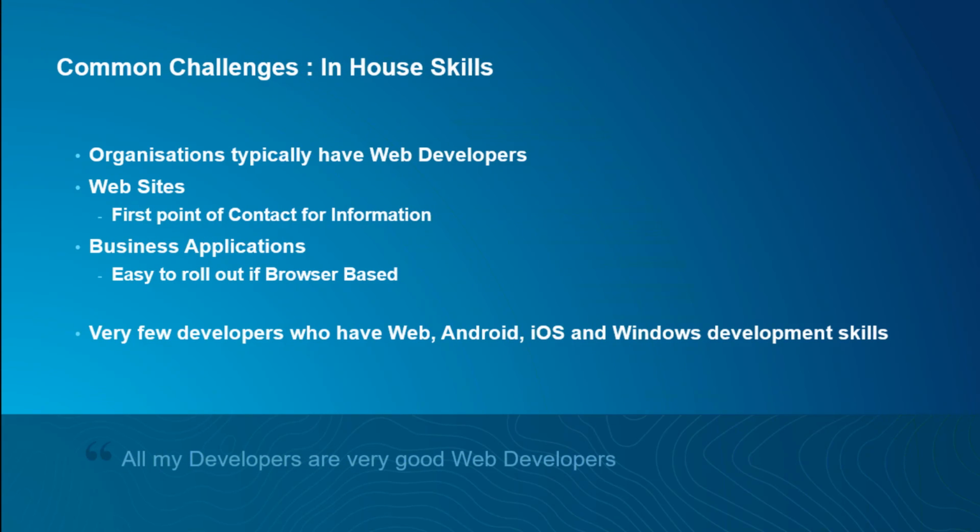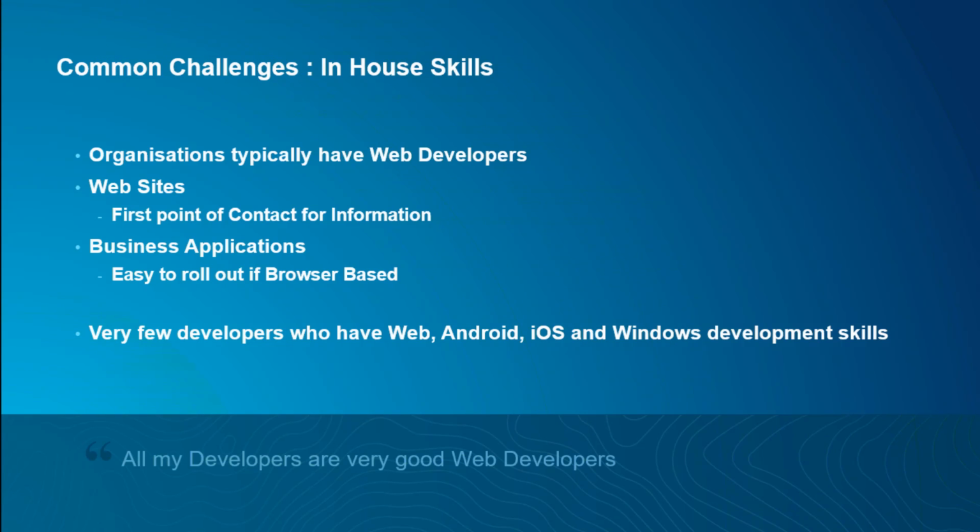And that challenge of having to write for all of these different environments also introduces an in-house skills challenge. Organizations typically have web developers, or a lot of web developers. Probably a lot of the people in this room are web developers. And that's because deploying business apps is really quick and easy on the web. You write your business app and everybody in your organization can use it.